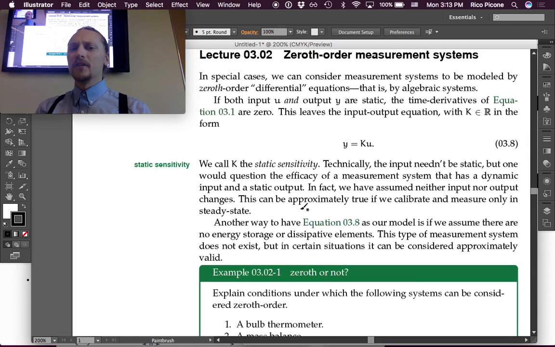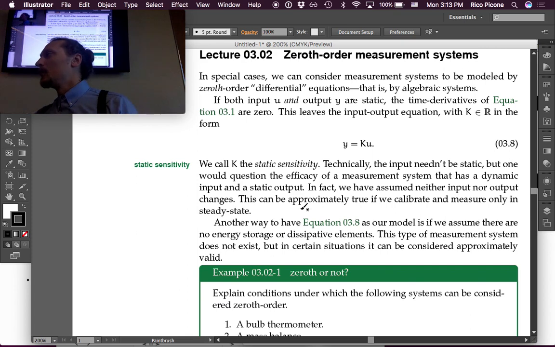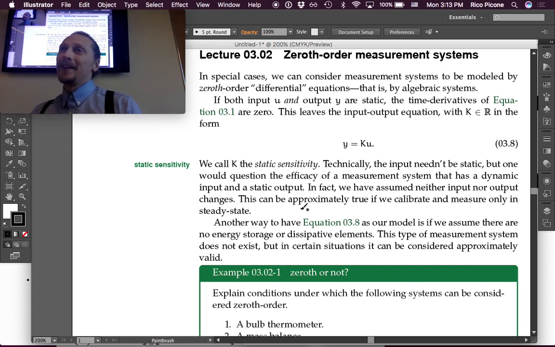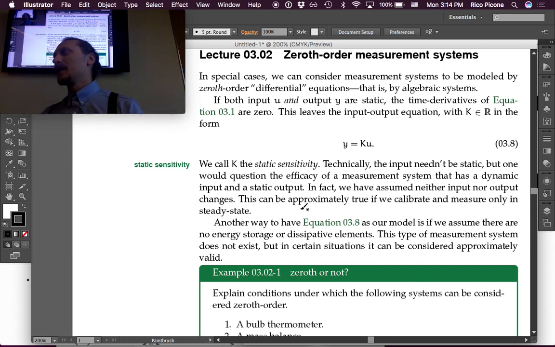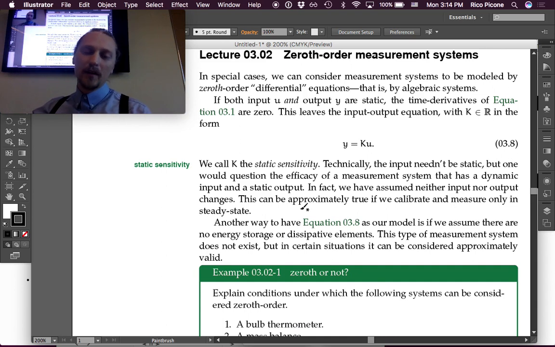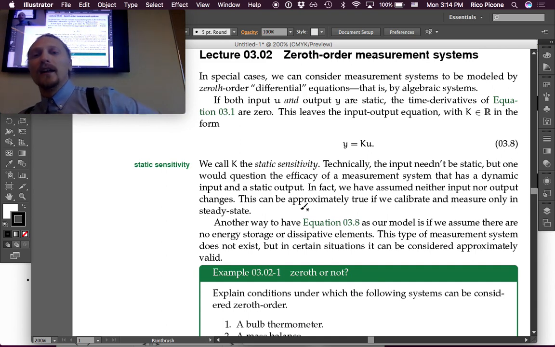Okay, you guys got introduced to that term in chapter 1. We didn't talk about chapter 1 in class, but you guys read the textbook, of course. Technically, the input needn't be static, but one would question the efficacy of a measurement system that has a dynamic input and a static output.